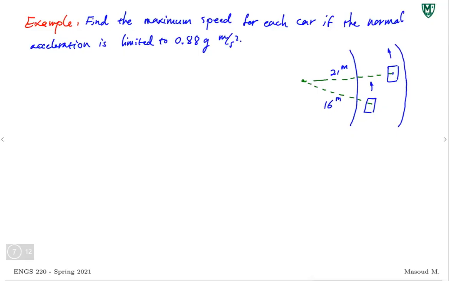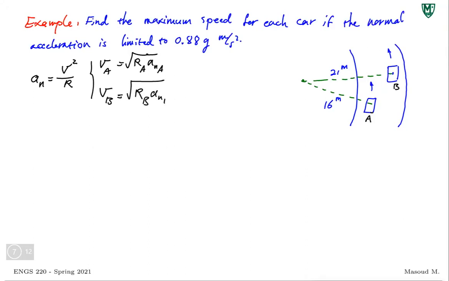So the information given is the maximum normal acceleration. Normal acceleration a_N is v squared over r. Let's call this car A and this car B. If I move things around, v_A becomes the square root of r_A times a_N, and v_B is the square root of r_B times a_N.